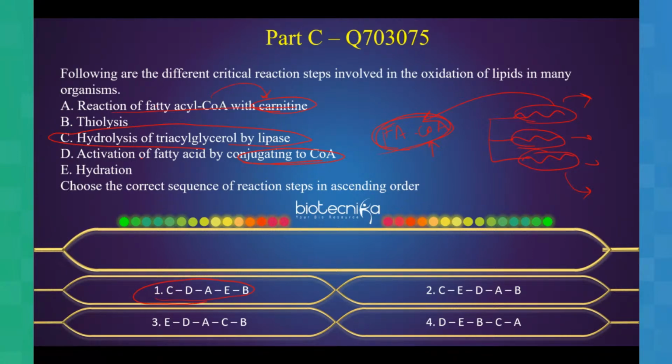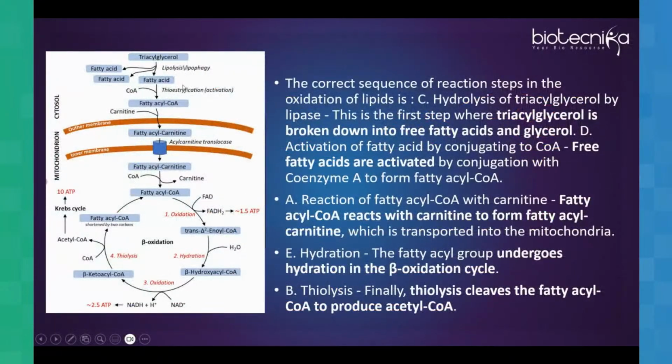And the last two steps that you see, hydration and then thiolysis, these two are part of the beta oxidation. So as I said, from the triacylglycerol, free fatty acids are removed by lipase. Free fatty acids will attach with CoA to form a fatty acyl CoA, and this was happening in the cytosol.